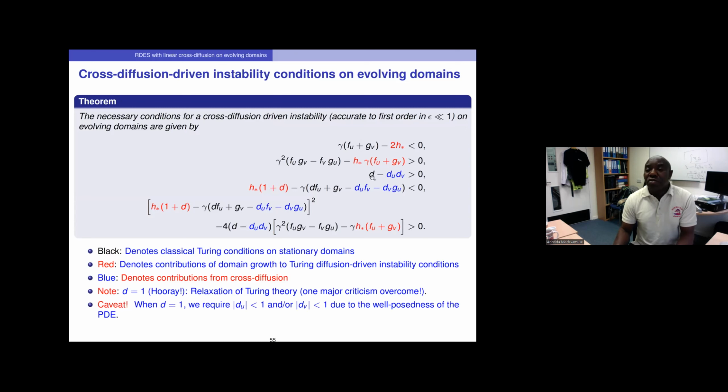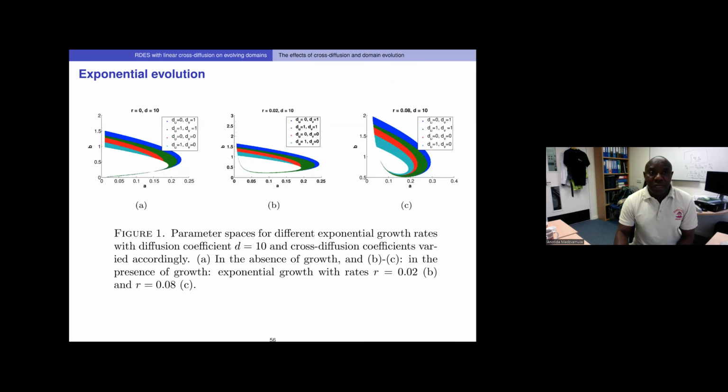This allows me to choose d equal to 1, provided that the absolute values of the cross-diffusion coefficients are bounded by 1. So this is very good. It relaxes the Turing theory for pattern formation. In some of my papers, I illustrate both the spaces and the patterns forming when d is equal to 1, as well as when d is less than 1. I will skip and go to some illustrations.